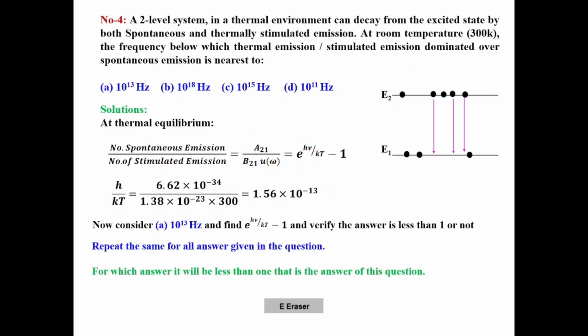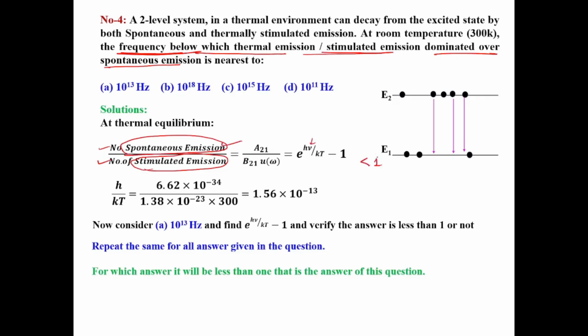Right. In the question it is asked: at room temperature, the frequency below which thermal emission, that means stimulated emission, will be dominant over spontaneous emission. So this is the ratio, spontaneous by stimulated. If stimulated emission is dominant over spontaneous, then for a particular frequency mu this value will be less than 1.